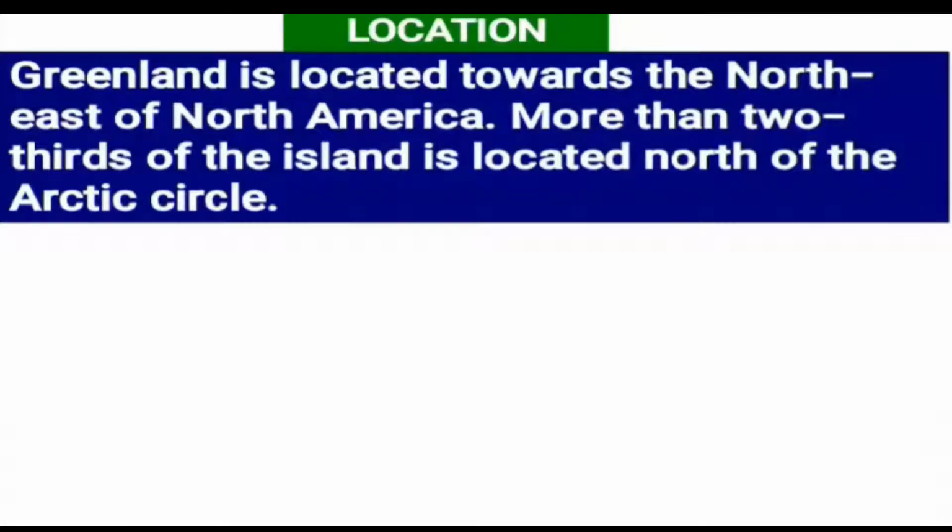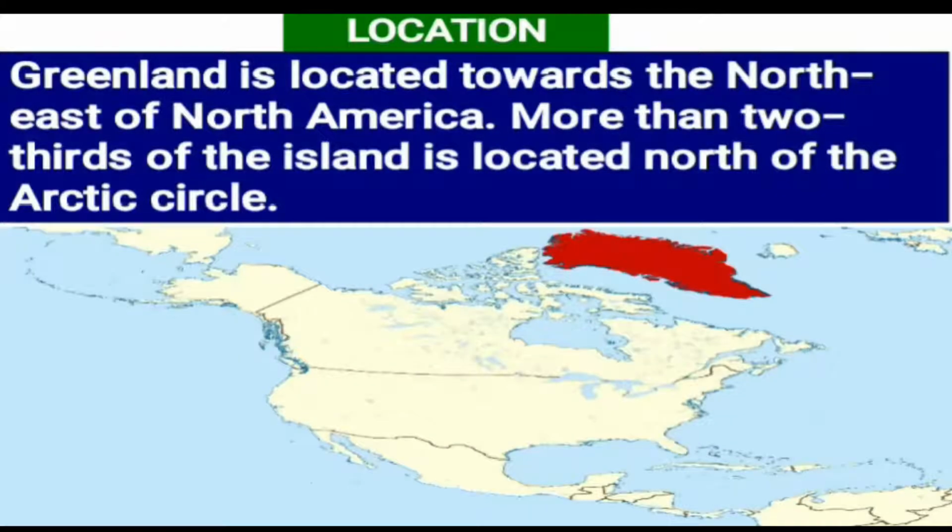So where is Greenland located? Greenland is located towards the northeast of North America. This is North America, this is east, and this is north, and this is northeast.